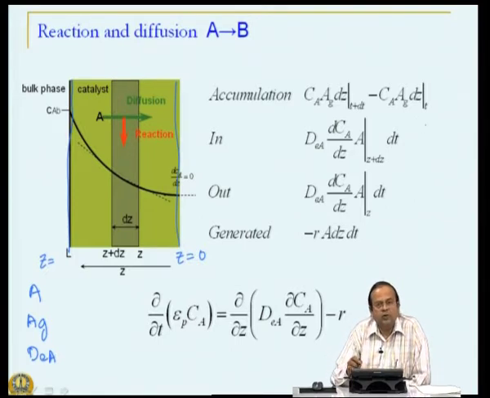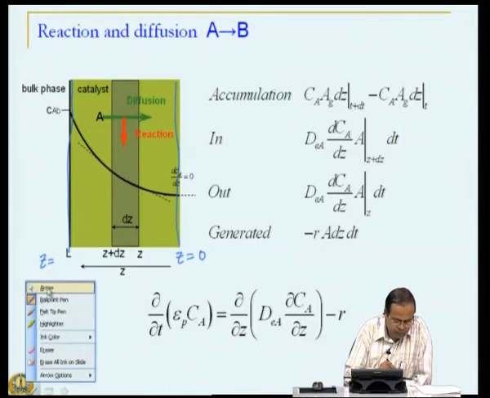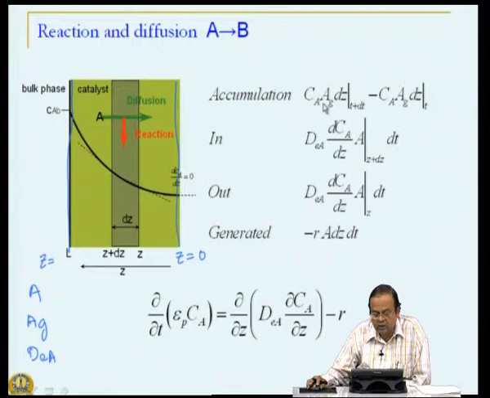For a short time duration t plus dt, concentration multiplied by the volume Ag dz. Ag dz is the void volume now. Concentration is also defined as moles per void volume.